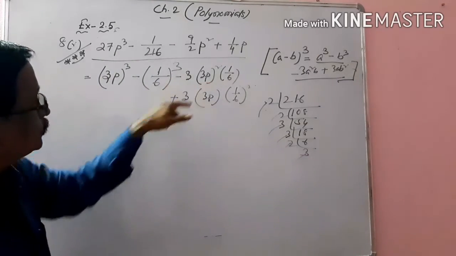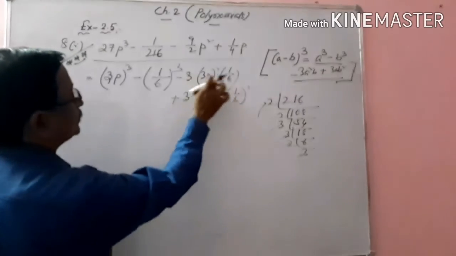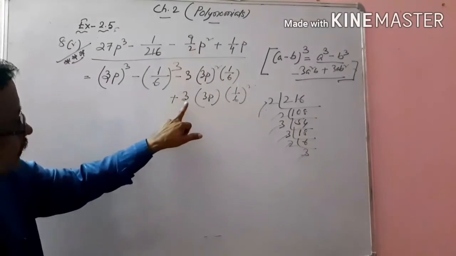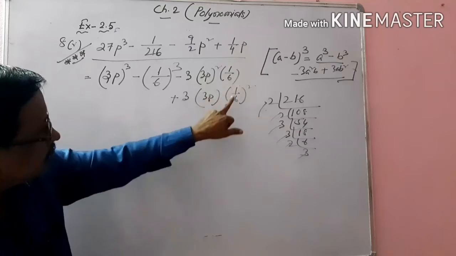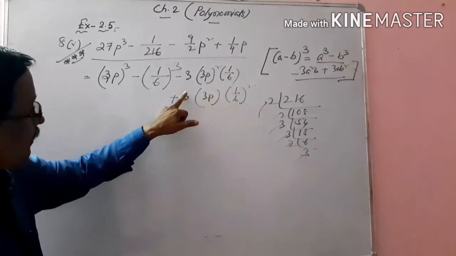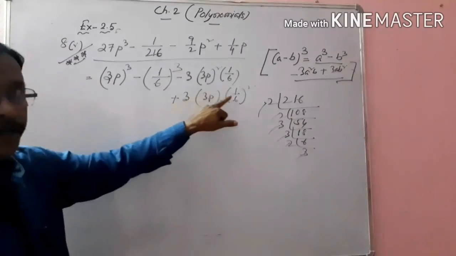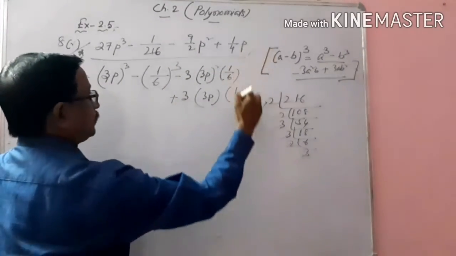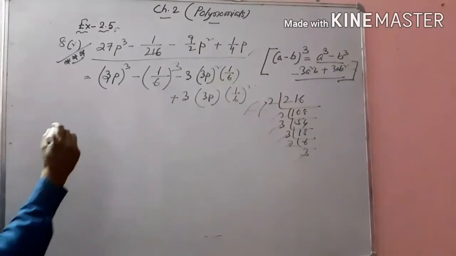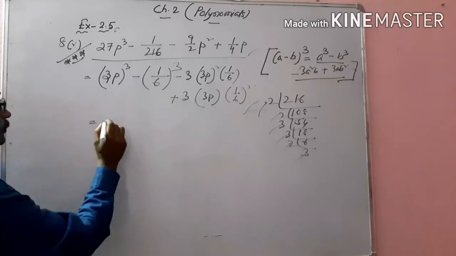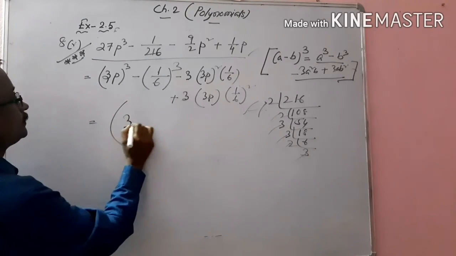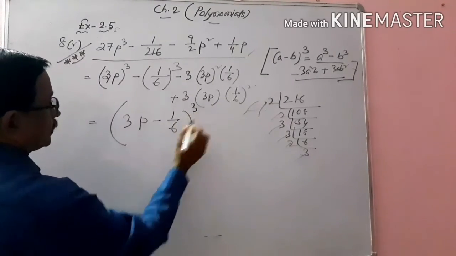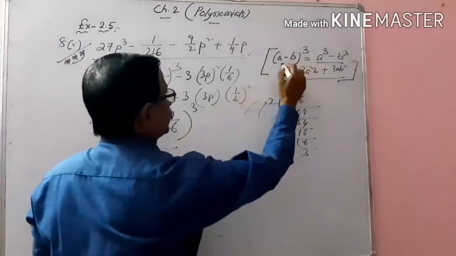Then if you break this one, 3 and 6 cancel 2, and this one gives 9p square, matching. And this one once you break, from there getting 1 by 36, and it is 9. So 9 and 36 if you cut, getting 4. Matching this one and this one 100% matching. So by using this identity, we can write 3p minus 1 by 6 whole cube. Okay, because this one is equal to this.